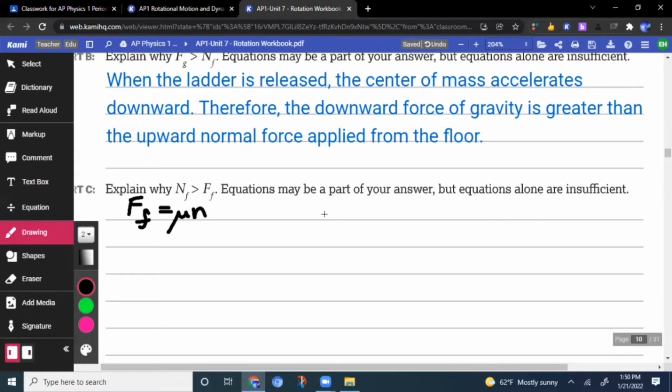And isn't mu always a decimal less than 1? Remember that? Now, it's not a sufficient explanation just to write an equation. You use that as your pre-writing exercise, and you think to yourself, how do I spell that out in a sentence?